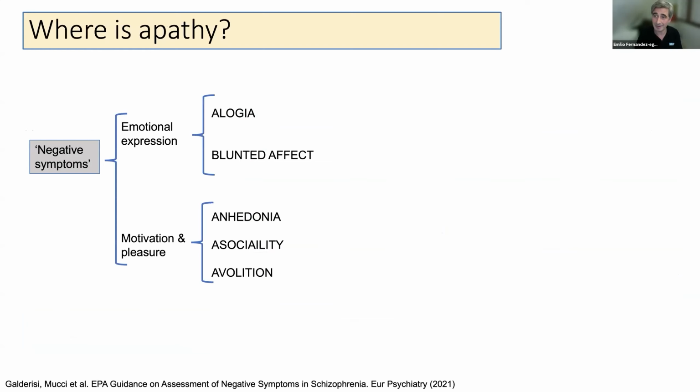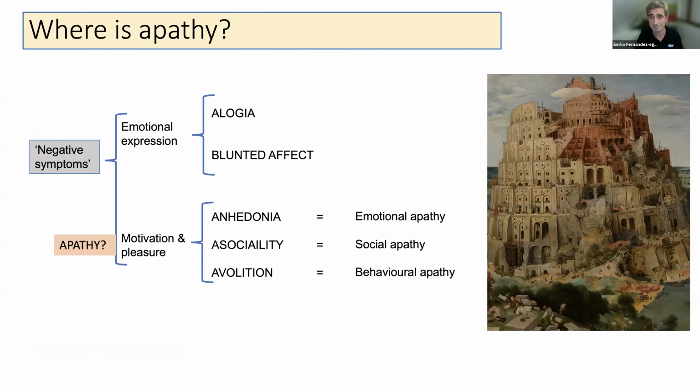Perhaps I'm a bit fixated with terminology, but what is apathy? How can we communicate with other specialties if we are not using the same terminology? We have alogia, we have anhedonia, but we don't have apathy. And that's this Babel tower that we have been building over the years, when it doesn't seem that any of the different specialties are communicating with each other.